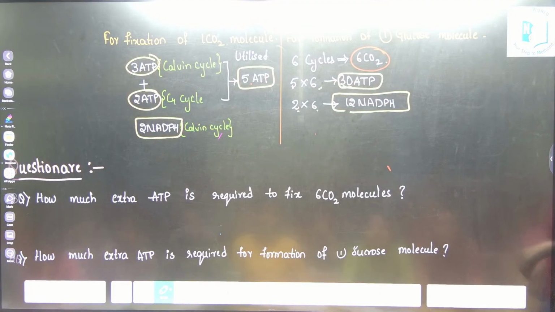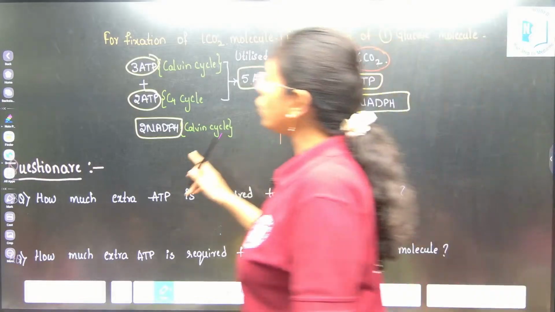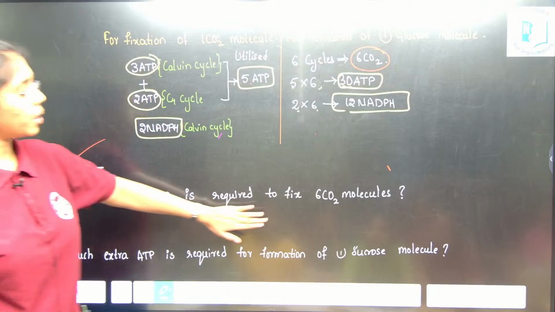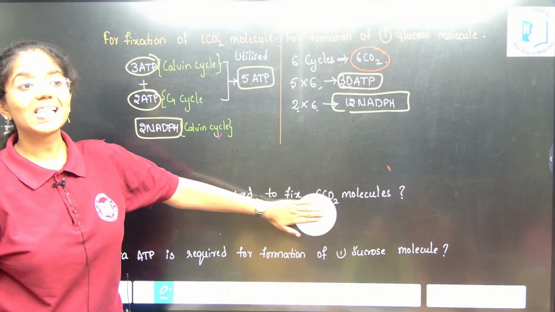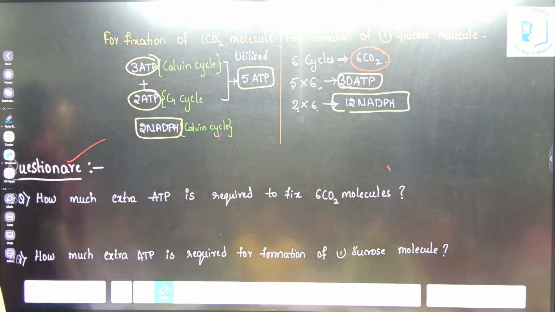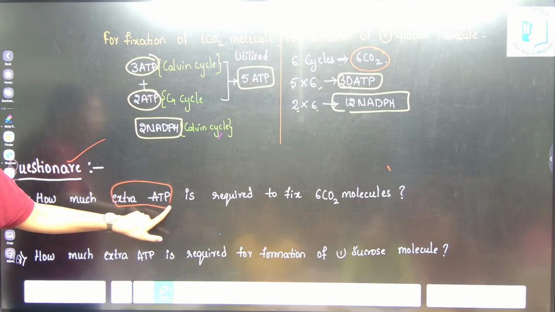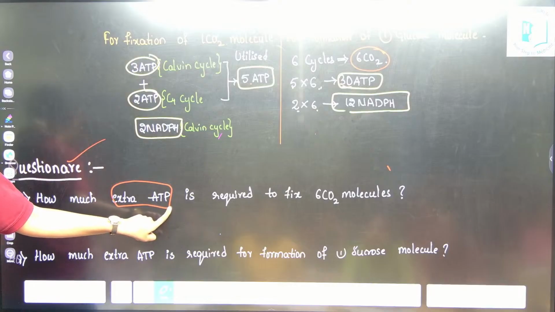Any doubts anywhere? Clear, right ma? And then here you look into the questionnaire, which is very interesting. How much extra ATP is required to fix 6 carbon dioxide molecules? When extra ATP is clearly mentioned, you have to consider only that 2 extra ATP in each cycle.